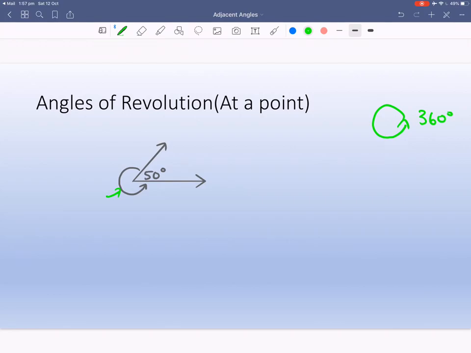Let's call that N. What is that angle there? Well, angles at a point have to add up to 360. So what number plus 50 equals 360? You can go 360 minus 50, and it equals 310. And our reasoning is angles at a point.